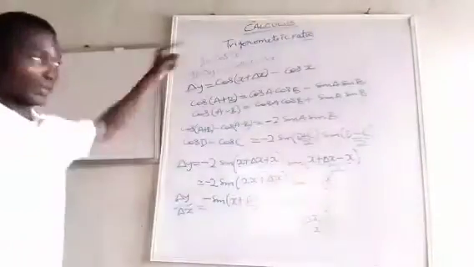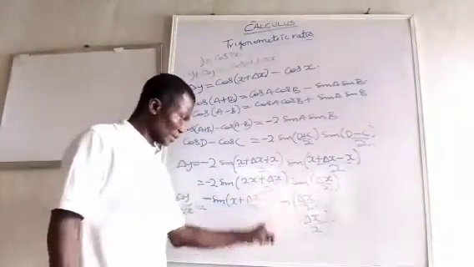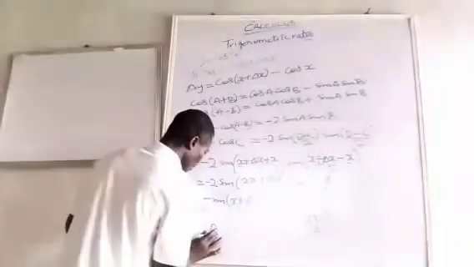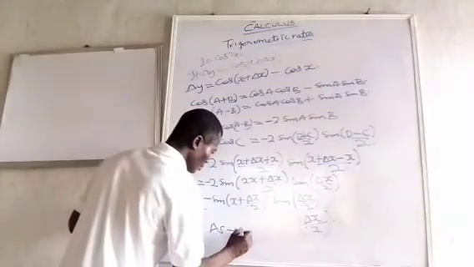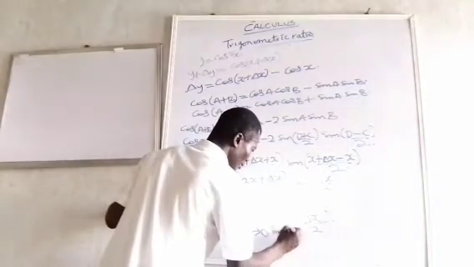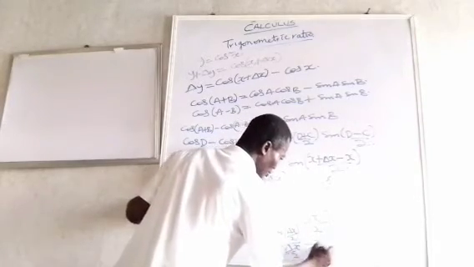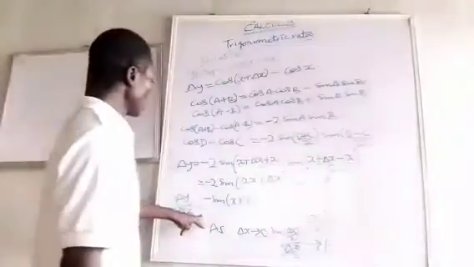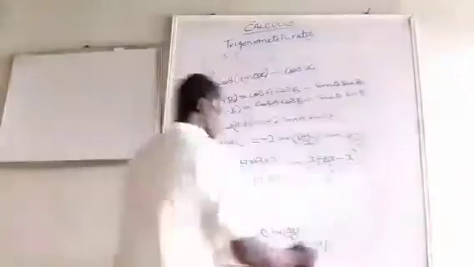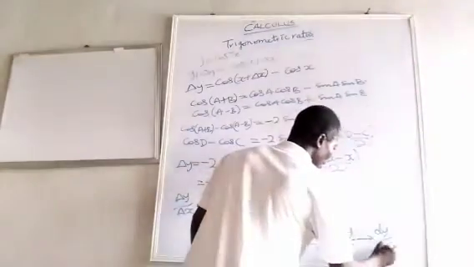And from the initial result we got, the limit as this tends to 0, this one will tend to 1. So as delta x tends to 0, sine of delta x over 2 over delta x over 2 will tend to 1. This is going to give us, and this one, we have said that it will tend to 0, and delta y over delta x will tend to dy dx.